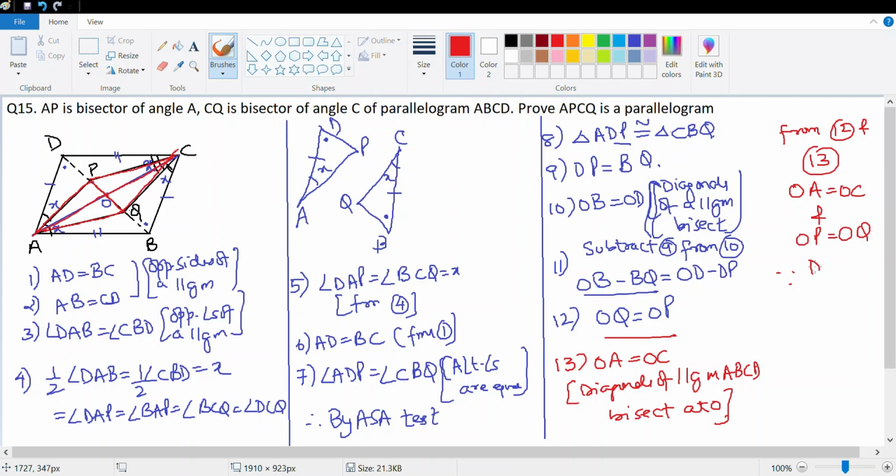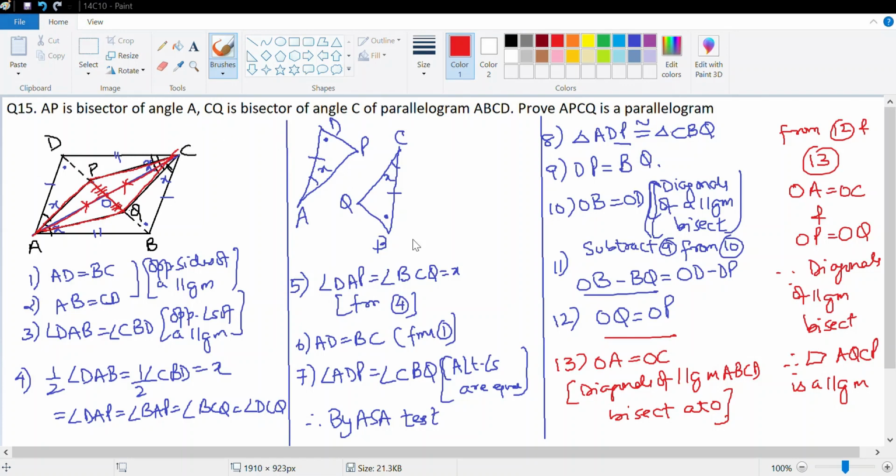And since diagonals bisect each other, therefore quadrilateral AQCP is a parallelogram. So we proved that the diagonals are bisecting, which means that's why this is a parallelogram. Wonderful, very interesting question. Let's look at the next one.